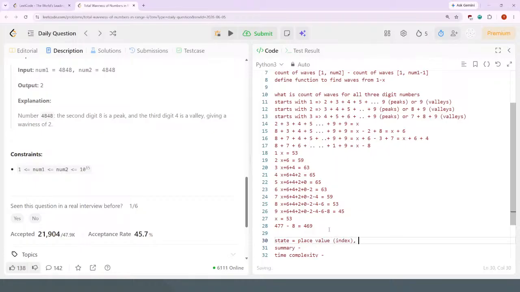Like index 0 might be the leftmost digit, or index 1 is the second leftmost digit, or index 0 could be the 1's digit, and index 1 is the 10's digit. One of the two. And then the current digit.